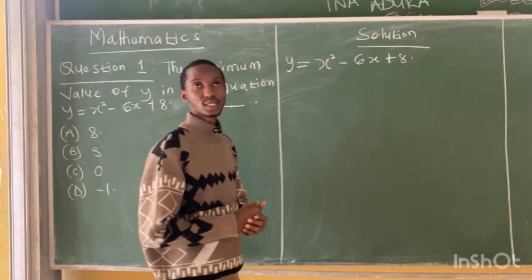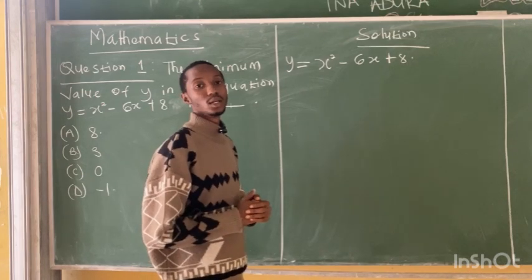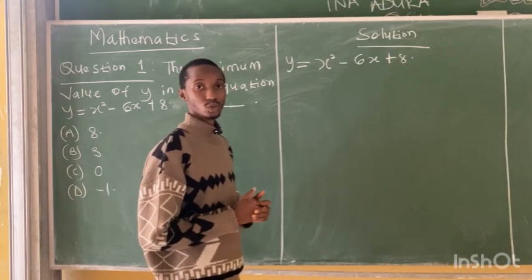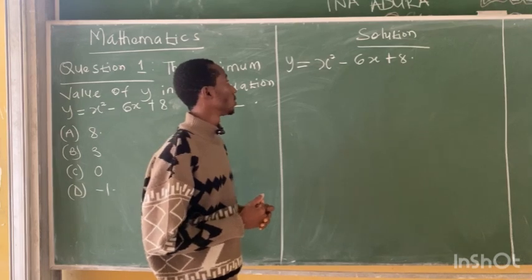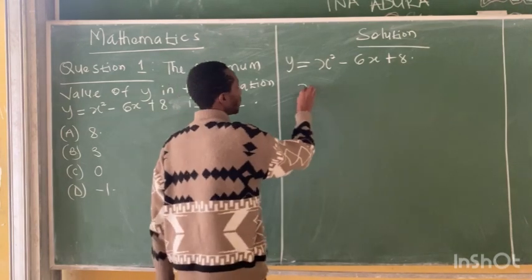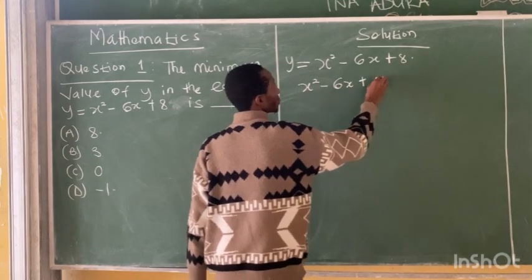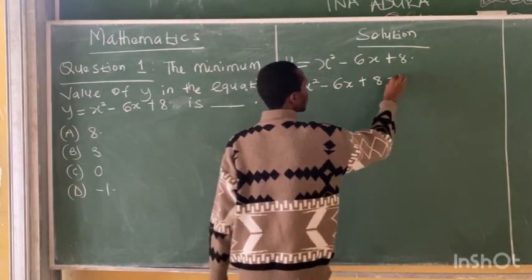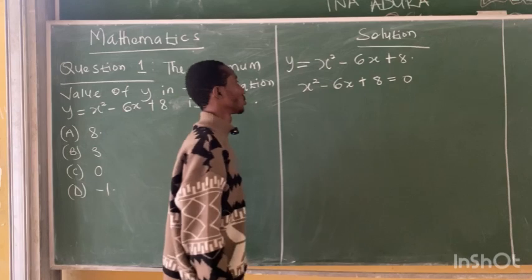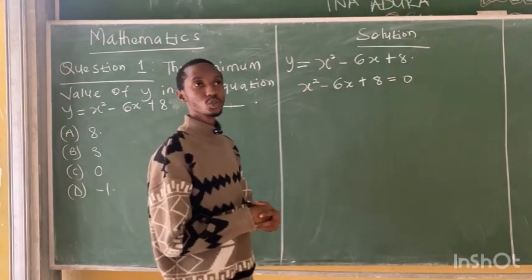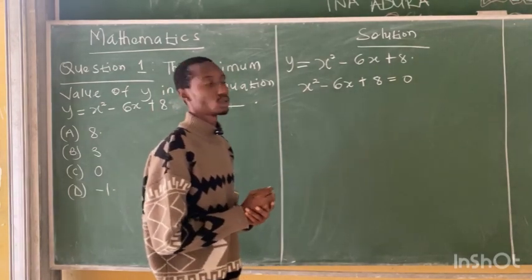Don't forget, a quadratic equation is an equation in which the highest power of the unknown is 2. From this we have x squared minus 6x plus 8 is equal to 0. We're going to solve this equation using the factorization method.